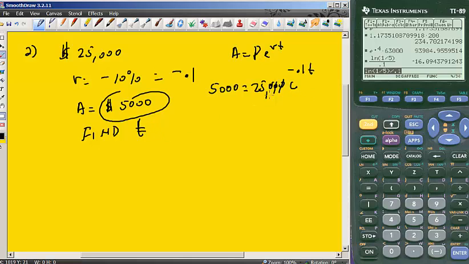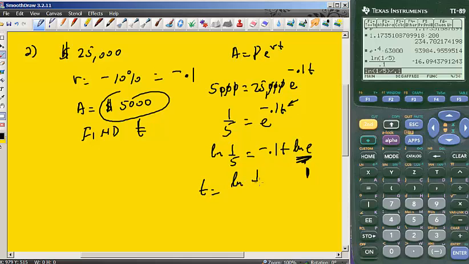The zeros are going to cancel out the zeros, and 5 divided by 25 is 1/5, which is equal to E to the negative 0.1 t. And then to solve for t, which is in the exponent, we'll have to take ln of both sides. So ln of 1/5 is equal to negative 0.1 t times ln of e. And we should know ln of e is 1. Therefore t is equal to ln of 1/5 divided by negative 0.1.